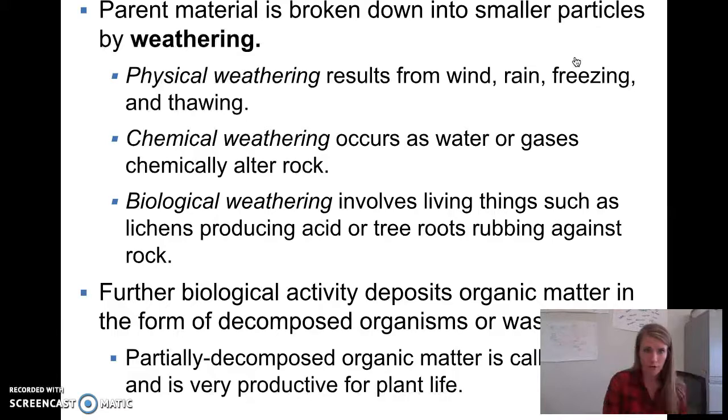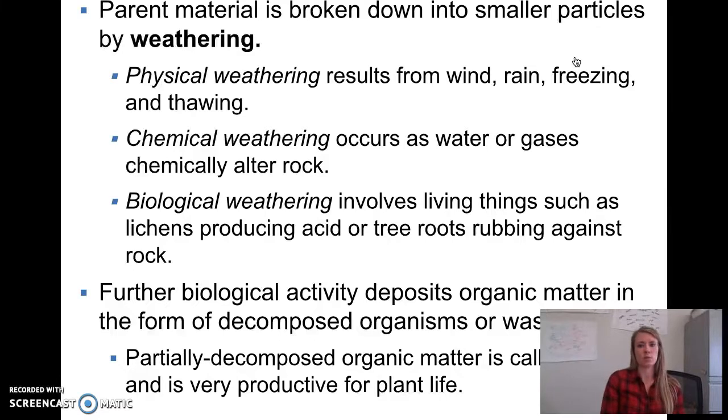So there's three kinds of weathering: physical weathering, chemical weathering, and biological weathering. Physical weathering happens when wind, freezing, and thawing happen. So the wind breaks the parent material apart, the rain, as water flows over it, breaks it apart, and then freezing and thawing expand and contract the spaces within the rock, leading it to break apart.